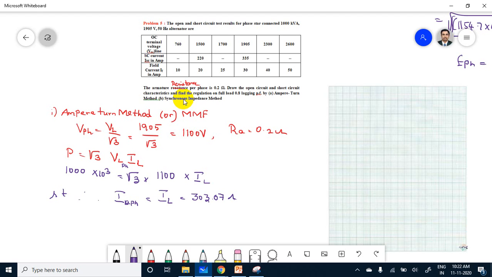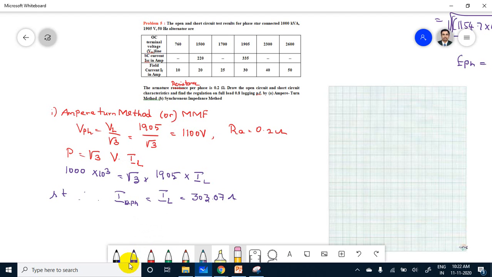I got 303.05. The student points out that I took 1100 here. Oh, sorry, here I have to substitute 1905, VL, not V phase. Sorry, mistake.